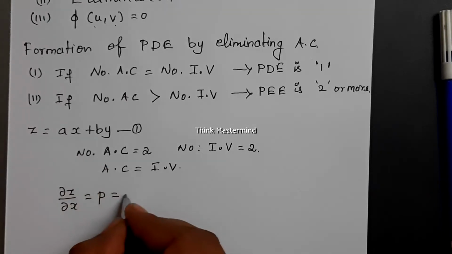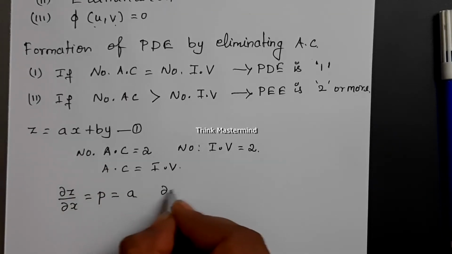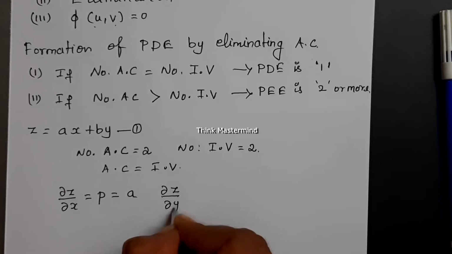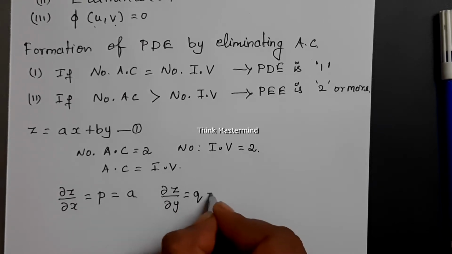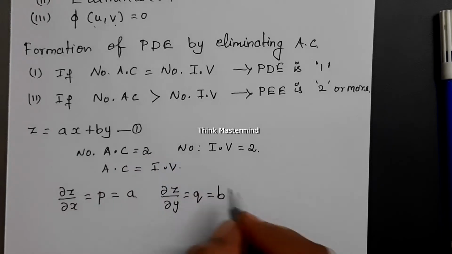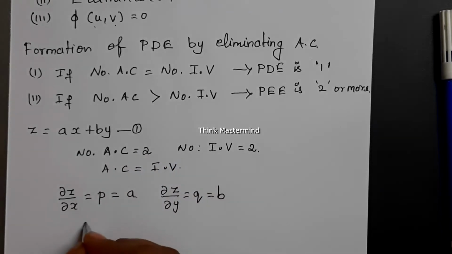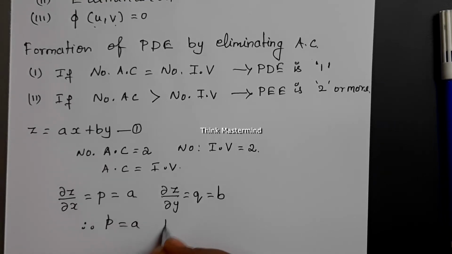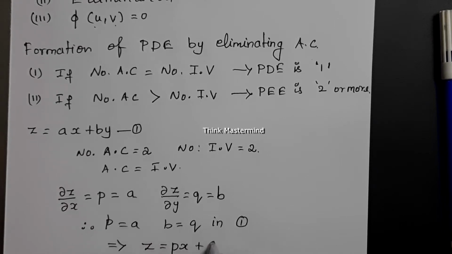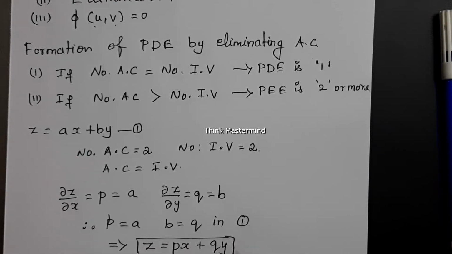From 1, dou z by dou x is a. Similarly dou z by dou y is equal to q, which is b from 1. Therefore substitute a is equal to p and b is equal to q in equation 1. Therefore your equation becomes z is equal to px plus qy, which is the partial differential equation.